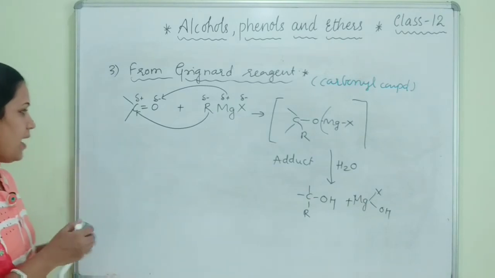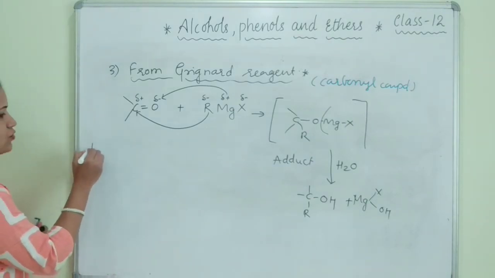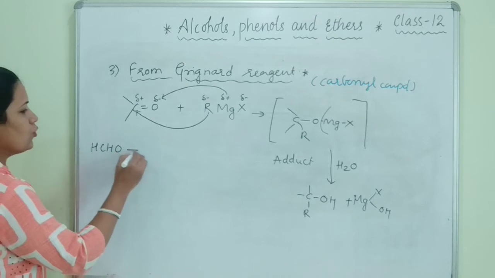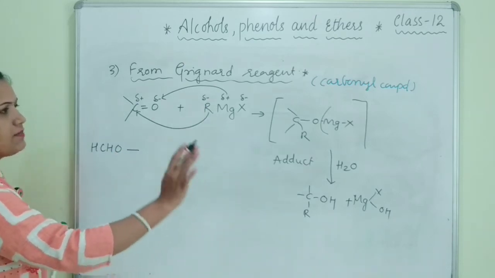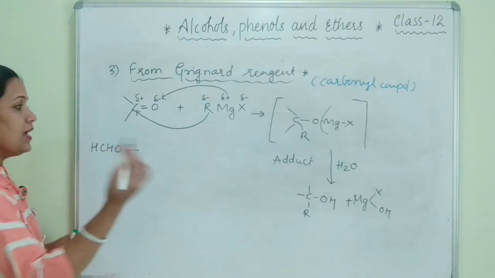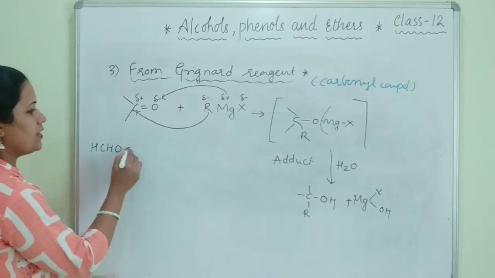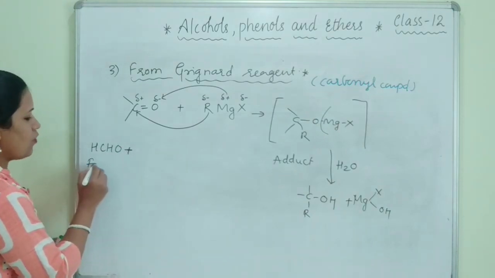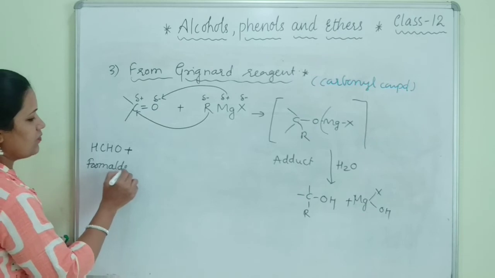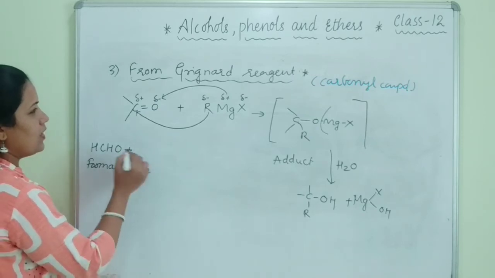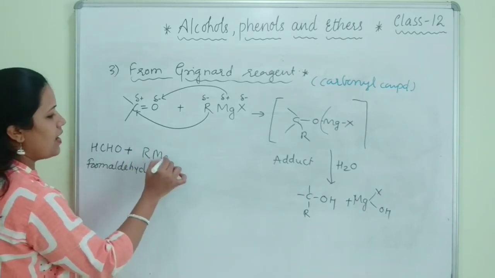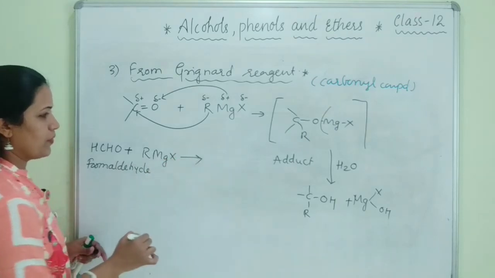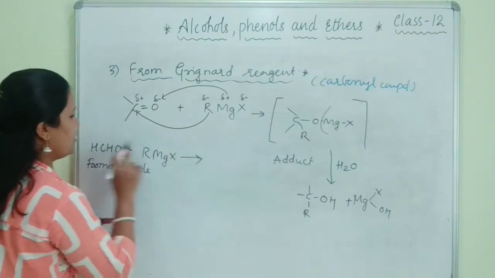By this way we can solve some questions also. If we have CHO, there is no need to write the mechanism and the adduct every time. Directly you can write the product. What is this? This is formaldehyde. Formaldehyde reacts with RMgX to form, okay, what product do we get?